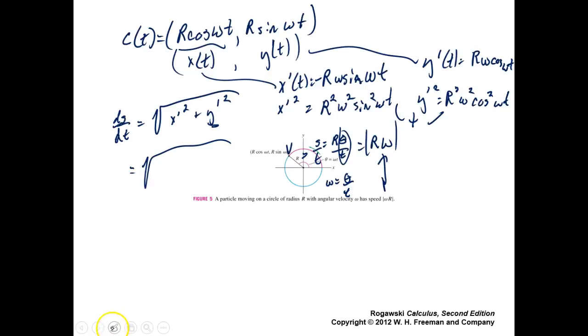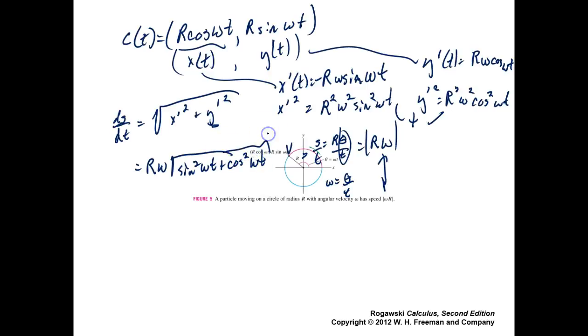Okay, since it's under the square root, I hope this isn't skipping too many steps. You factor out an r squared. Under the square root, that comes out as an r, right? Also factor out an omega squared from both of those. That's under the square root. Pull it out, and that's just an omega. And then what do we have left? The square root of sine squared omega t plus cosine squared omega t.